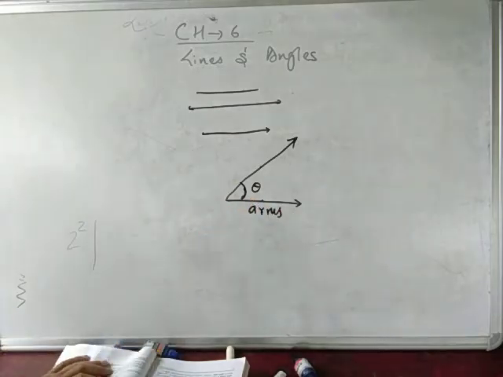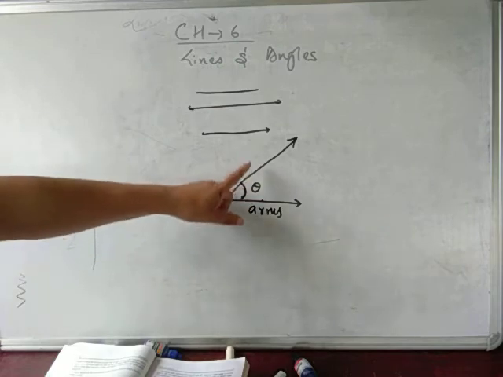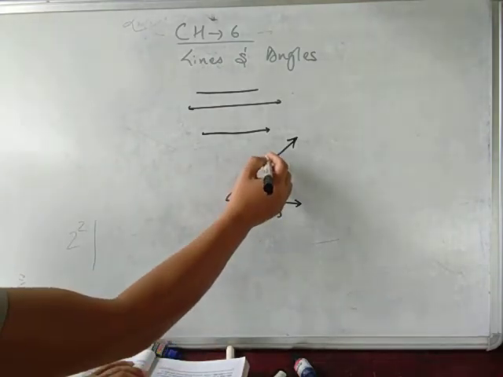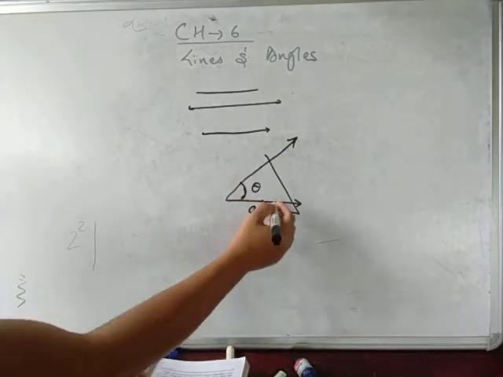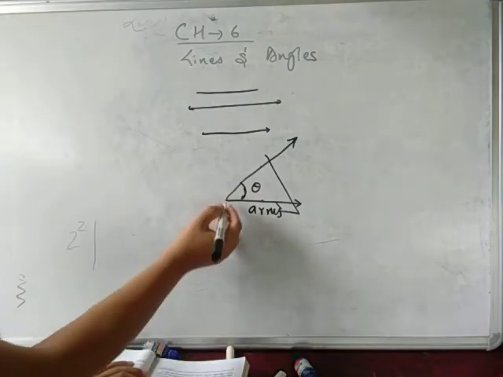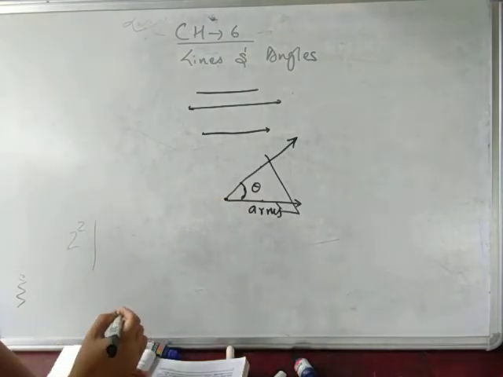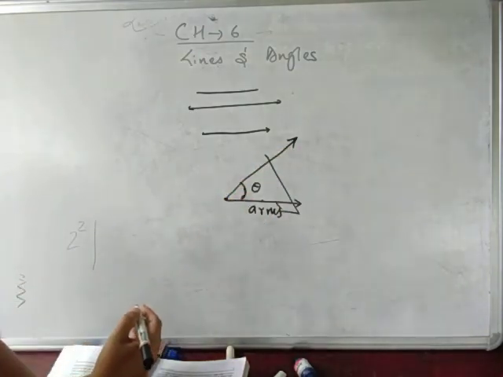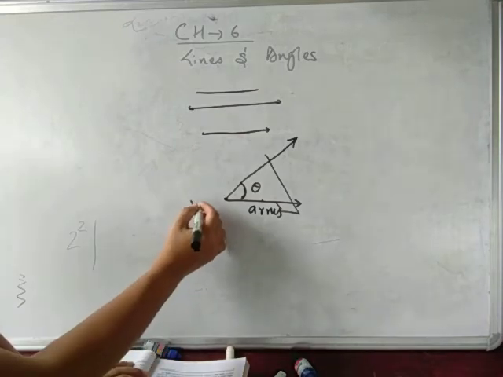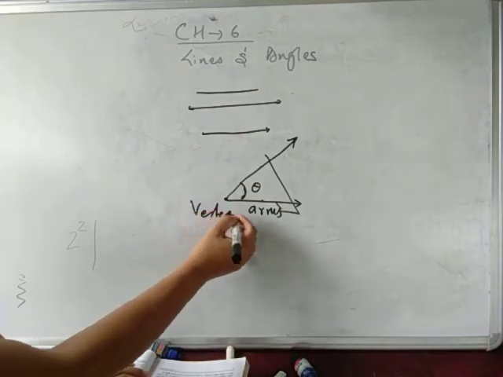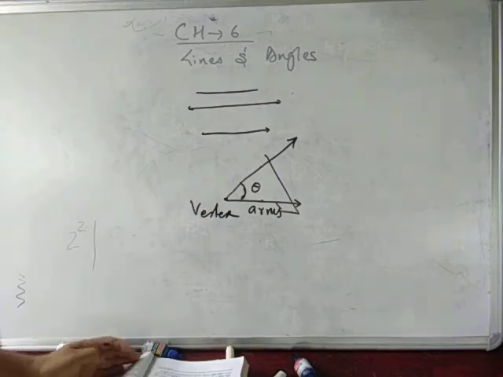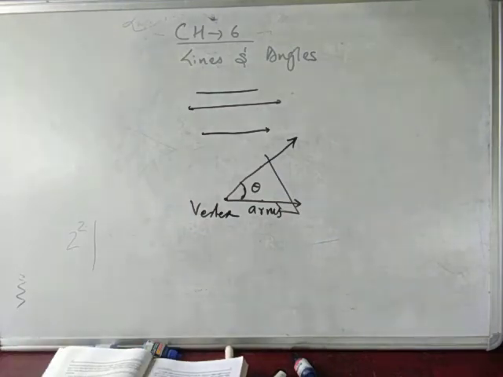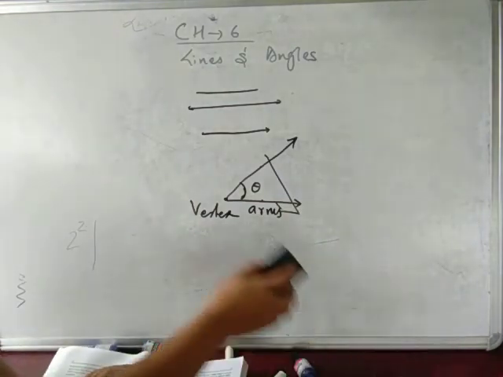Actually this is your ray, but to make an angle they are called arms. And the point where these rays meet is called the vertex. In your previous class these are the known quantities, isn't it?